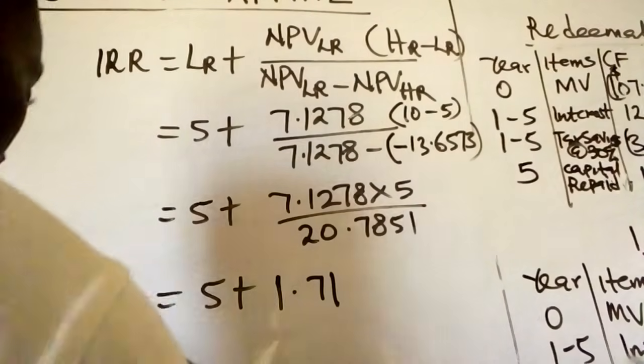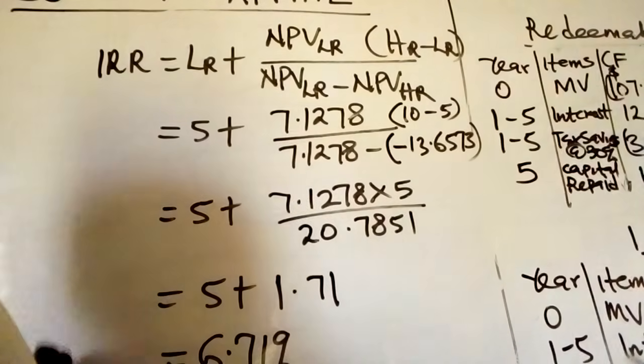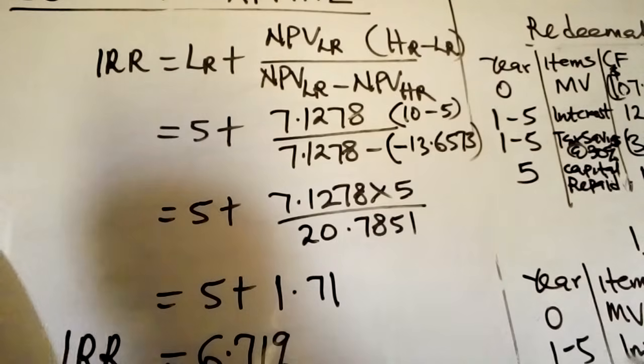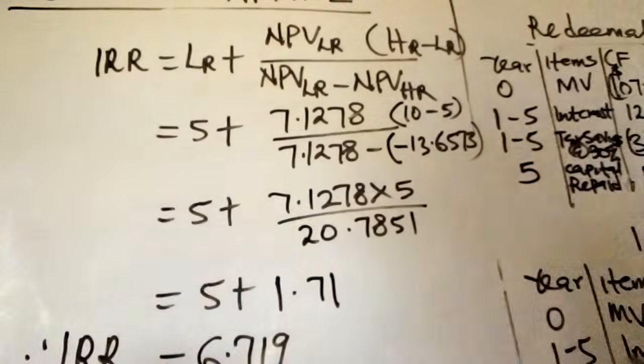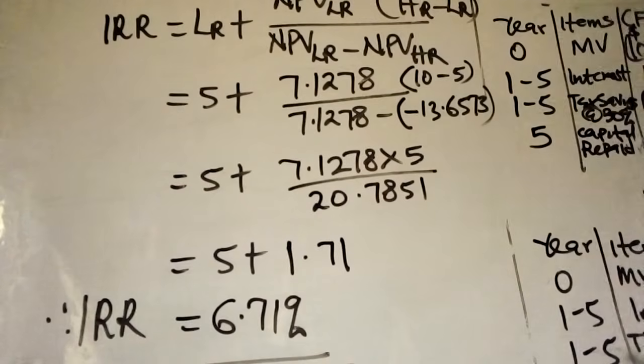So if you sum it up, you have 6.71%. Therefore, IRR is 6.71%. That is the internal rate of return.